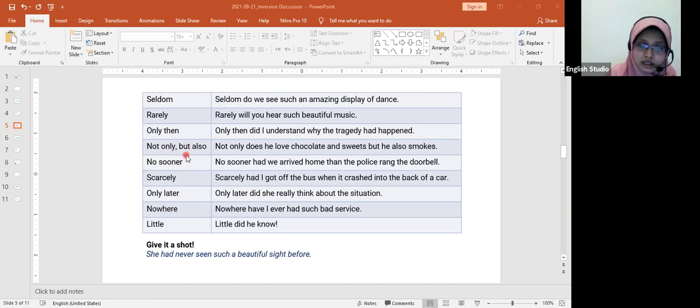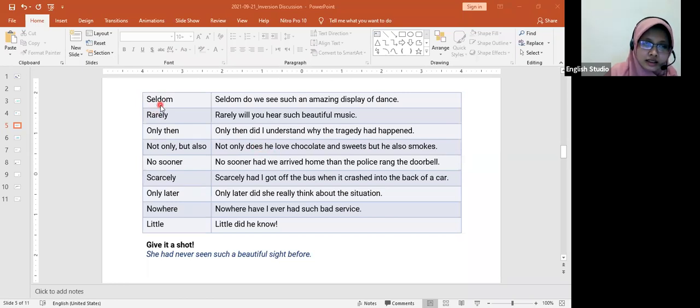This is not negative, but we can also use these in inversion. This is one of the examples that I often shared in the speaking practice sessions. For example, not only does he love chocolate and sweets, but he also smokes. We can see that the auxiliary does is put before the subject.